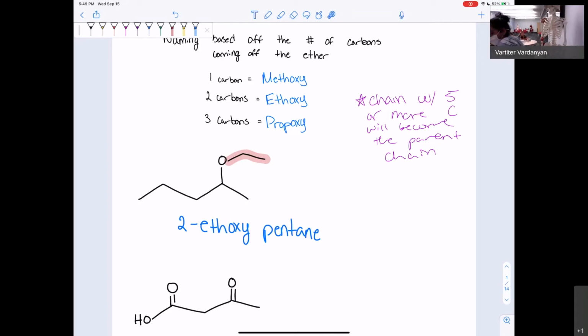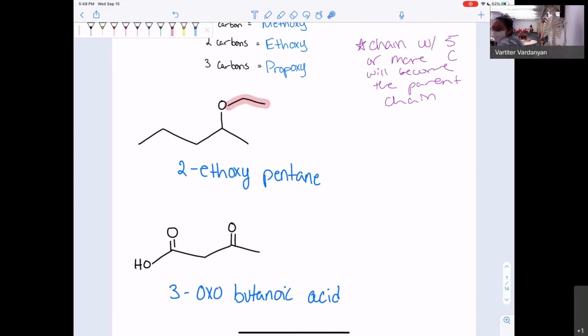Oh, yes, I can. So we're going to use oxy for the ether when it's a substituent. And we're just going to put whatever number of carbons we have before oxy.